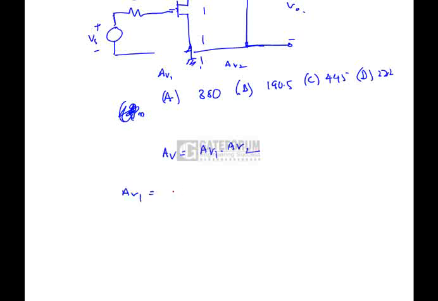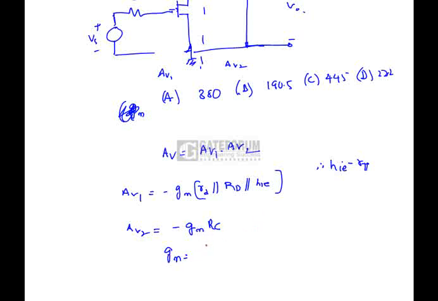Here A_V1 is nothing but minus g_m R_D parallel with h_ie. Here h_ie is nothing but r_pi. Now A_V2 is minus g_m R_C, whereas g_m for the BJT is beta by r_pi. If we take the product of these two, we will get the voltage gain as 190.5, which is option B.